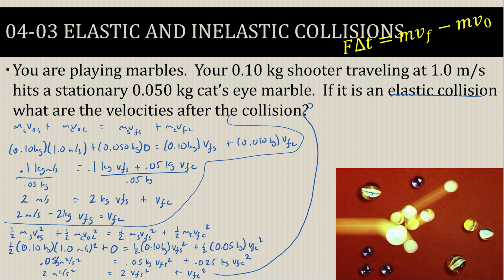So if I do substitution, I'll have 2 meters squared per second squared equals 2 VFS squared plus VFC squared. But VFC is that. So that is 2 meters per second minus 2 kilograms VFS, squared.